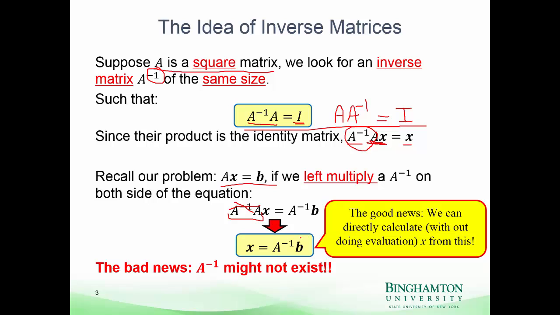Now, that's the good news. The bad news is, for some problems, A inverse might not exist. But we've already seen that there were problems with the elimination. There was a scenario where we had no solution, and a scenario where we had infinitely many solutions. Both of those scenarios are cases where A inverse doesn't exist.